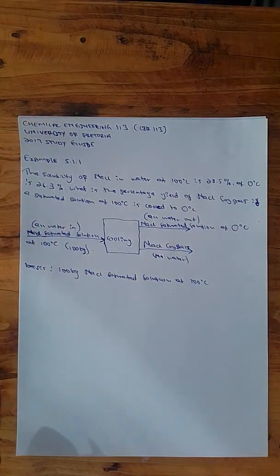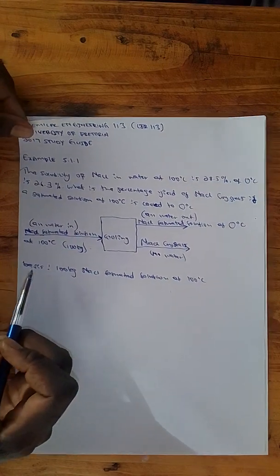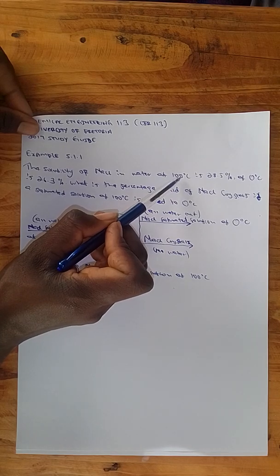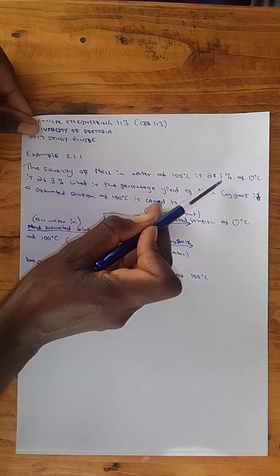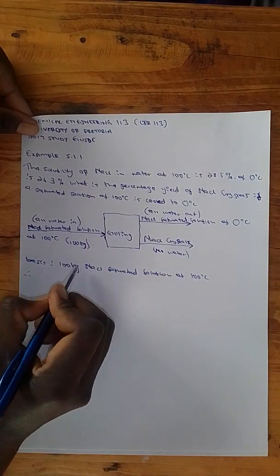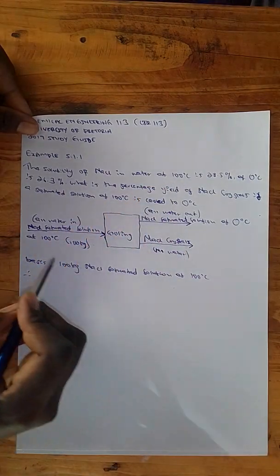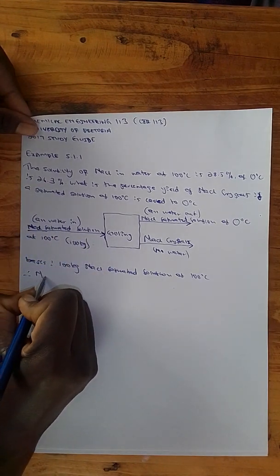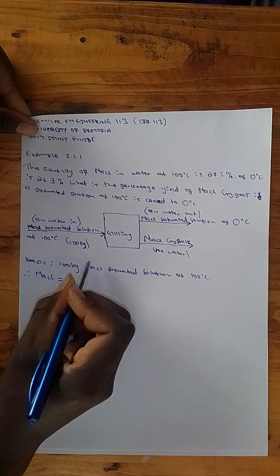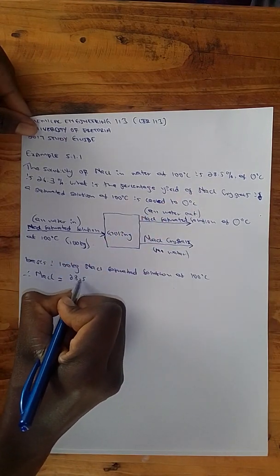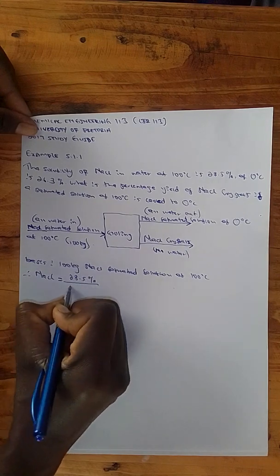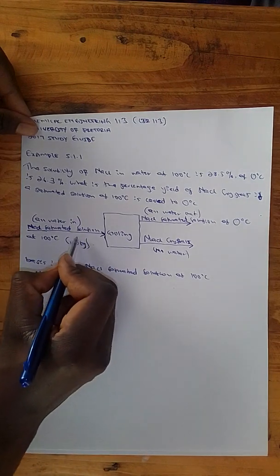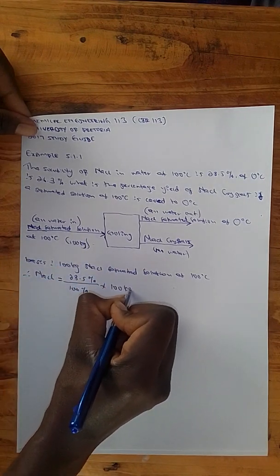If this is 100 kilograms, remember that we have our mass analysis at 100 degrees Celsius. We are told that the sodium chloride is 28.5%. So we can use the basis and the mass analysis to calculate the amount of both water and sodium chloride in the original solution. With that said, NaCl equals 28.5% over 100% multiplied by the total, which is 100 kilograms.